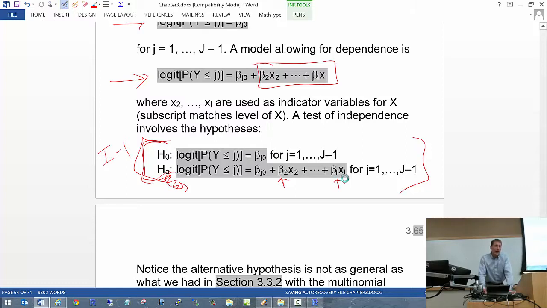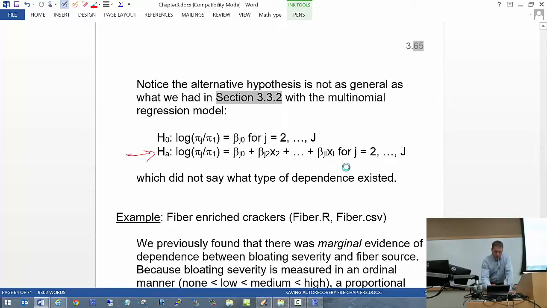You're setting I minus 1 betas equal to 0. What will be the degrees of freedom for the other test? Not just J minus 1. I minus 1 times J minus 1. Remember, it's the same as with the regular Pearson chi-square test statistic.